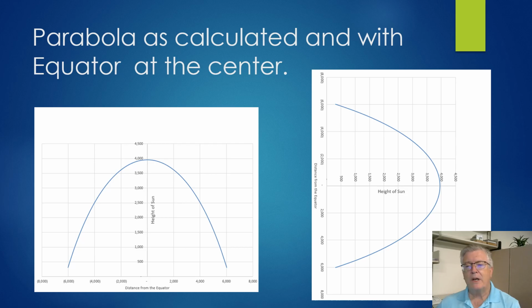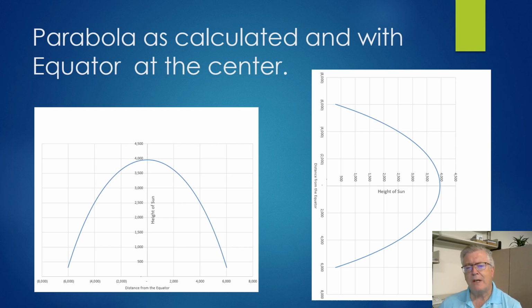Then I also wanted to show you the thing on its side, because the equator we know is sort of a horizontal line, and so I wanted to show you this parabola on its side, and you'll see why in just a minute.